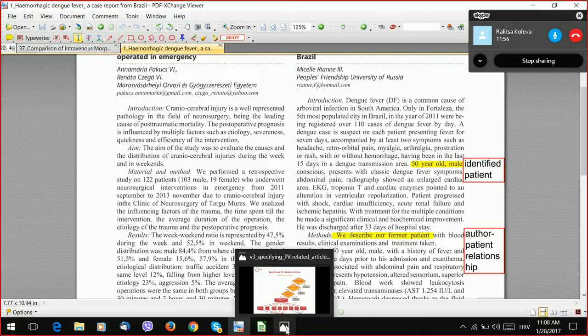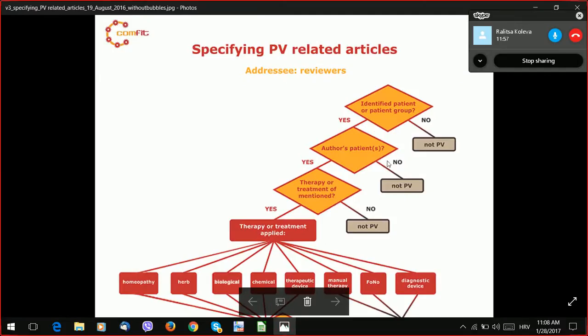After we did that, you are going to move on to the second criteria, author's patient. That means that there should be a presumable connection between the patient and the author, because users of our database need someone whom they can turn to for further details about the patients.